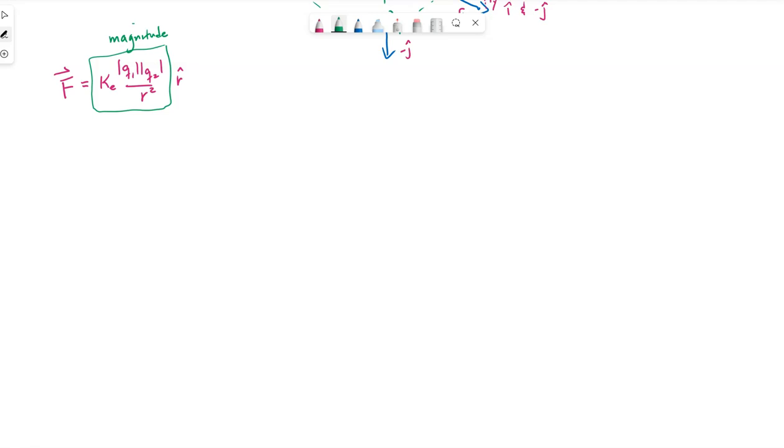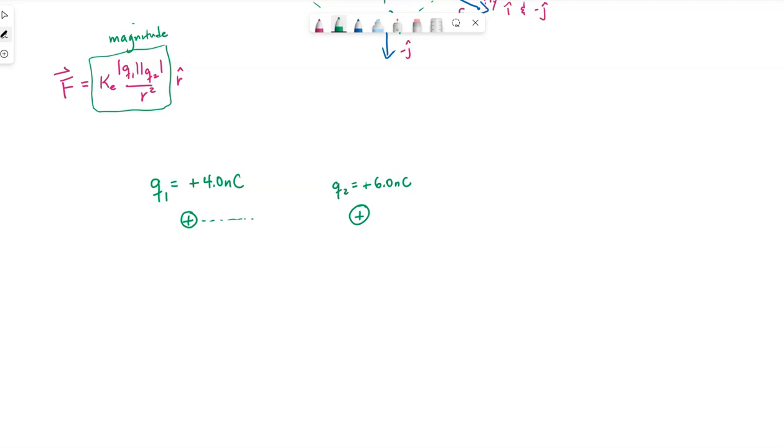All right, so let's do a little example here. Let's say I have a Q1 that is positive 4 nanocoulombs, and a Q2 that is positive 6 nanocoulombs over here.